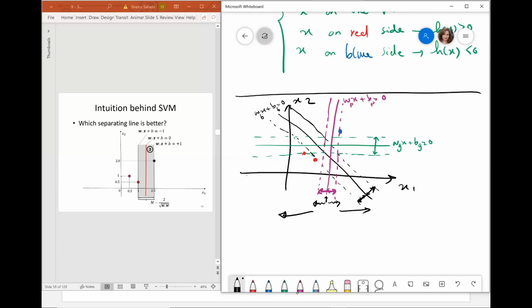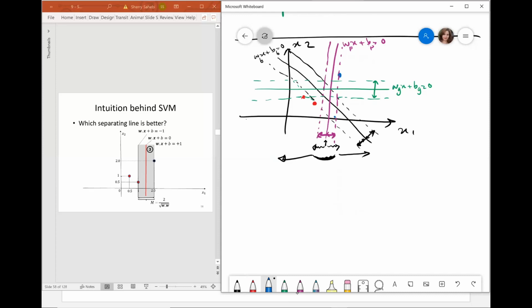In other words, this part is a safety part for me, just to make sure that if my separator is not that accurate, and we have, for example, one blue data point somewhere very close, then we are not doing that bad in separating this blue class from the red class.